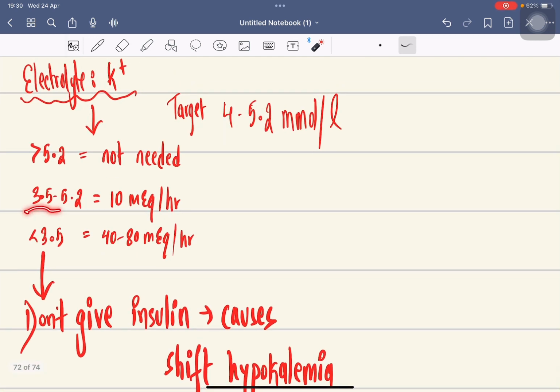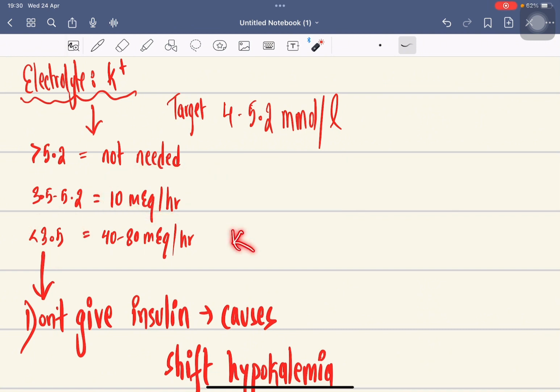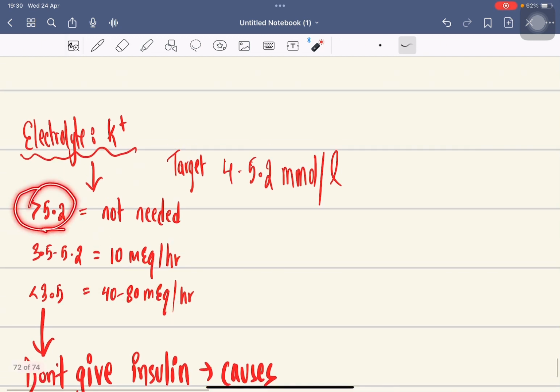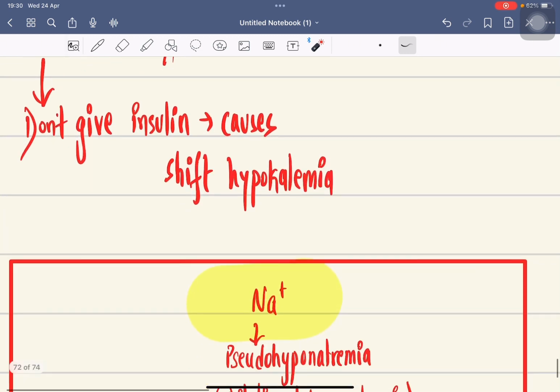If it is 3.5 to 5.2, we should give 10 milliequivalents per hour KCl IV. If it is less than 3.5, we should give KCl 40 milliequivalents per hour. If it is more than 5.2, it is not needed. The target should be 4 to 5.2 millimole per liter potassium.